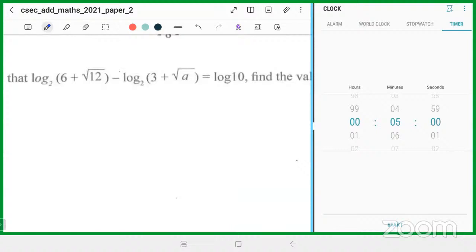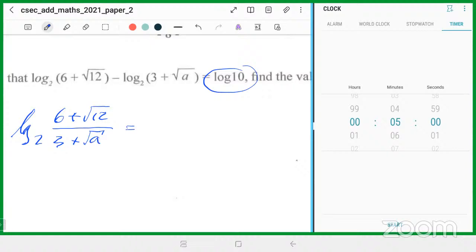Well, first, this minus means I'm going to divide the two values, right? But we're already at base 2. So the left side becomes log to base 2 of this divided by that: 6 plus root 12 over 3 plus root a. And that's all equal to this, which is a 1.